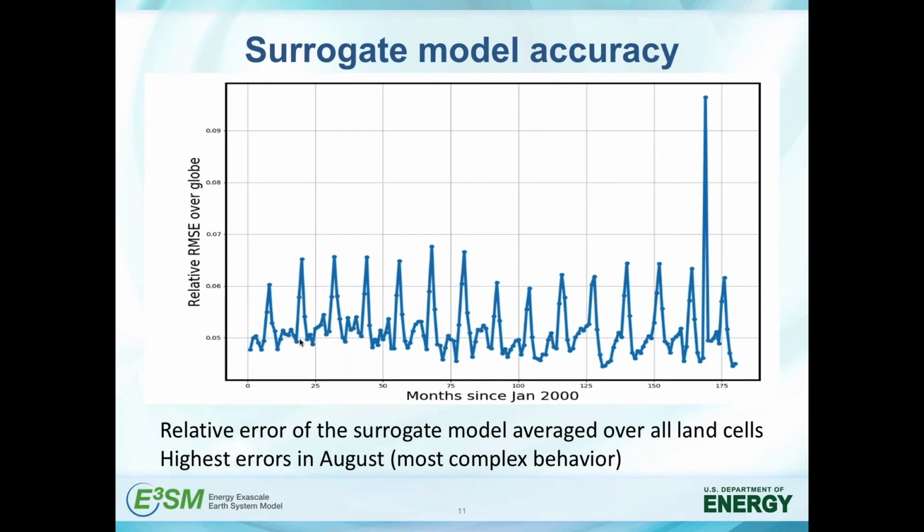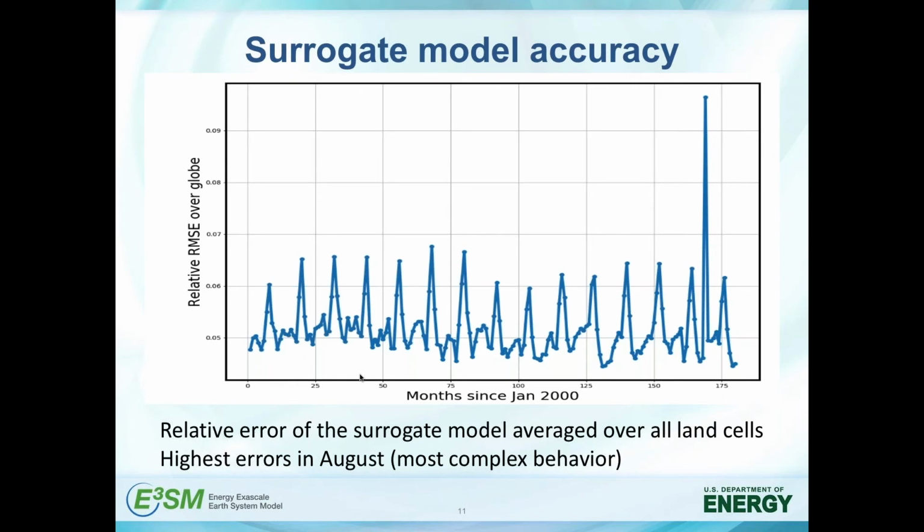GPP is influenced in these late summer months, and since a lot of the land grid cells are in the northern hemisphere, by the late summer water starts to play a bigger role in predicting GPP through either VPD, vapor pressure deficit, or soil moisture. So the response becomes a little bit more complex than it does, say, in the early spring, where it's really driven by these FLNR, VCmax values.